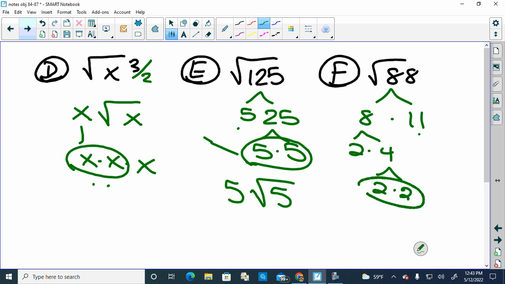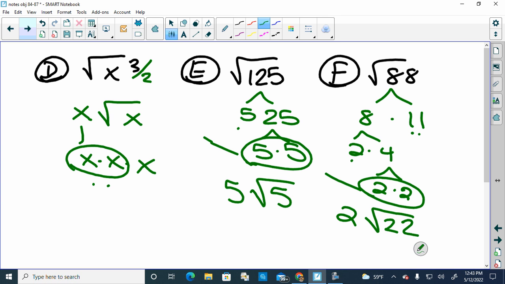So I have a pair of 2's, right? So that's going to come out, but I didn't have another 2, and I didn't have another 11 to put together. So the 2 comes out, and then what's left over, we multiply together. It's the same as what you take out. You have multiple things that you take out, you multiply, whatever's left, you multiply. So 2 times 11 is going to leave it as 22.